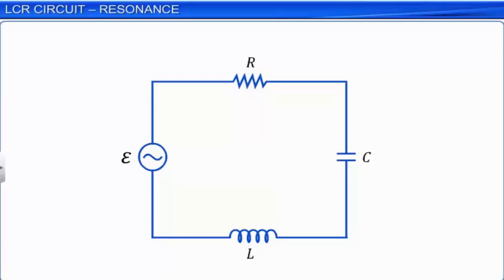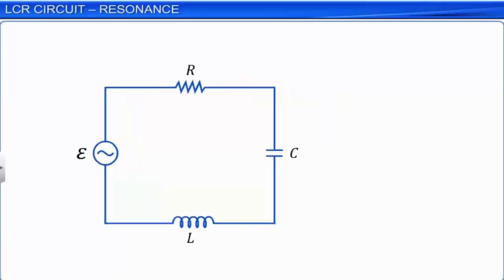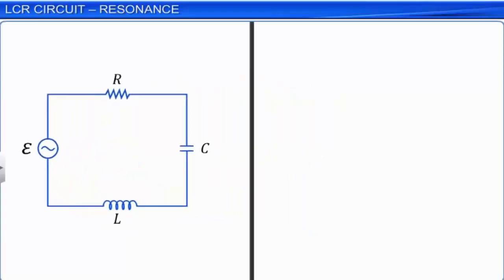We have seen that at any instant t, the applied AC voltage is represented as V equal to Vm sin omega t, where Vm is the amplitude of the AC voltage and omega is its angular frequency. At the same instant, the current in the circuit is given as I equal to Im sin omega t plus phi, where phi is the phase difference between the AC voltage and the current.